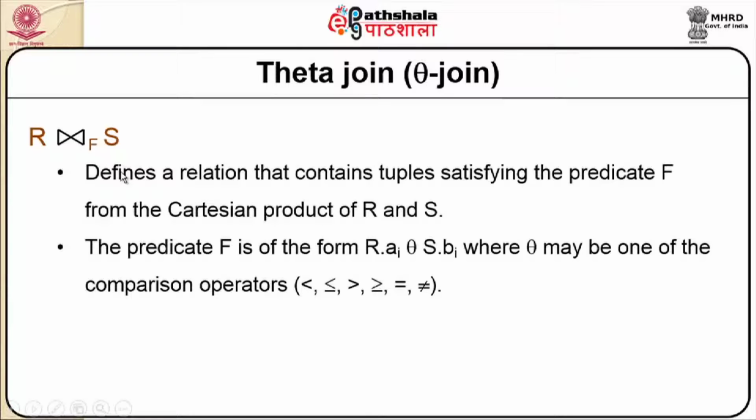This theta join defines a relation that contains tuples satisfying the predicate f from the Cartesian product of R and S. The predicate is of the form R.Ai theta S.Bi, where Ai is an attribute of relation R, Bi is an attribute of relation S, and theta may be one of the comparison operators like less than or equal to, greater than or equal to, or not equal to.